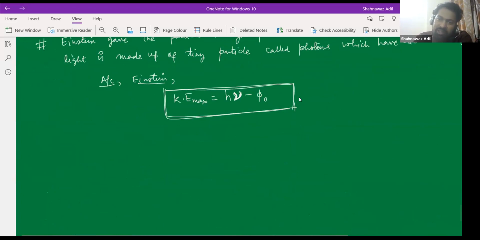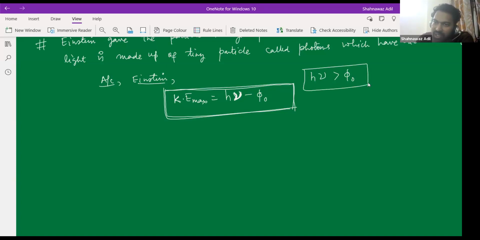So we know that kinetic energy should not be negative, right? We cannot have negative energy, which means that to have an ejected electron, an emission, we should have h nu greater than phi naught, right?